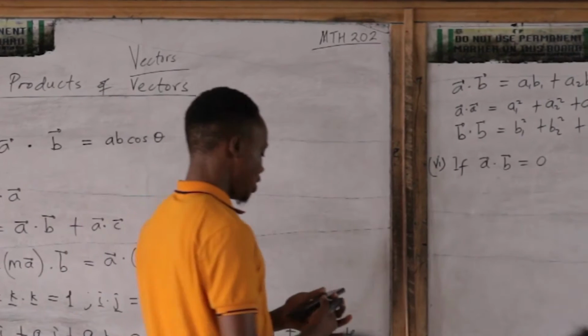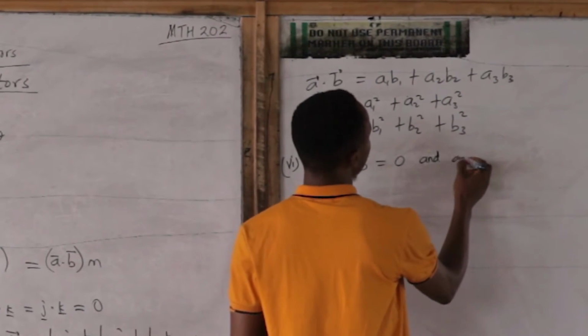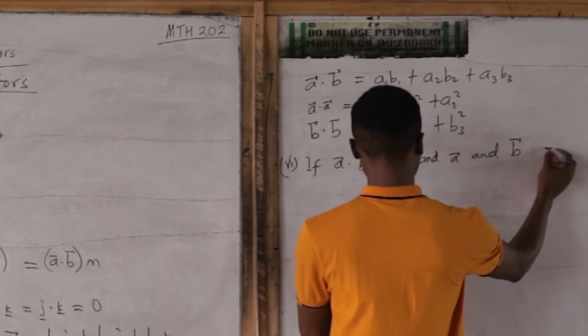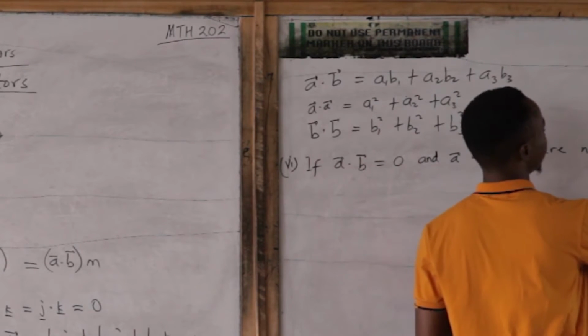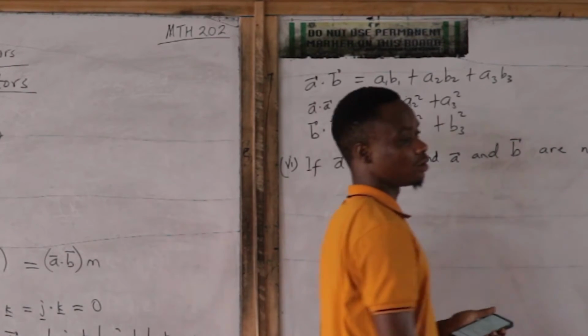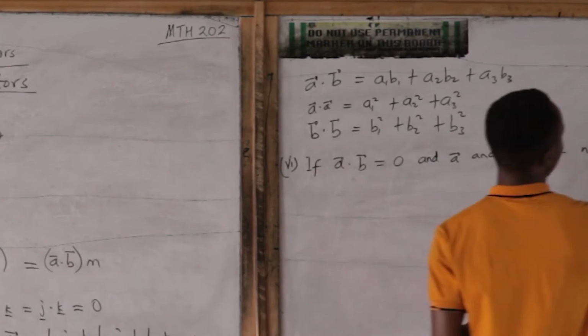Right. So if A dot B equals 0 and A and B are not null vectors, you understand what we mean by null vectors? That's 0 vectors. They are not 0 vectors. Then A and B are perpendicular.